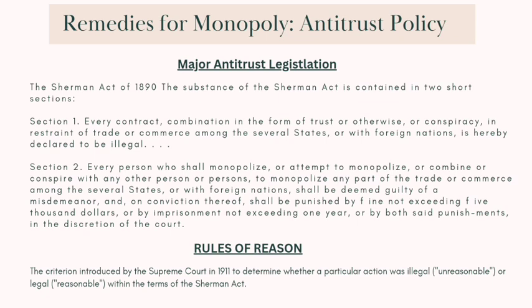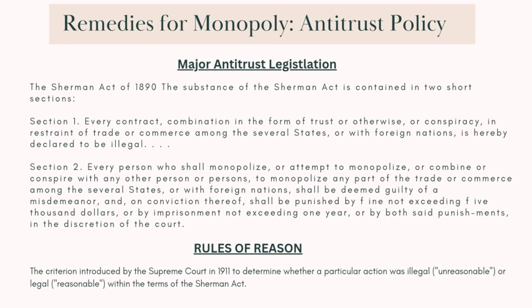Section 2: Every person who shall monopolize or attempt to monopolize, or combine or conspire with any other person or persons to monopolize any part of the trade or commerce among the several states or with foreign nations shall be deemed guilty of a misdemeanor and on conviction thereof shall be punished by a fine not exceeding $5,000 or by imprisonment not exceeding 1 year or by both said punishments in the discretion of the court.